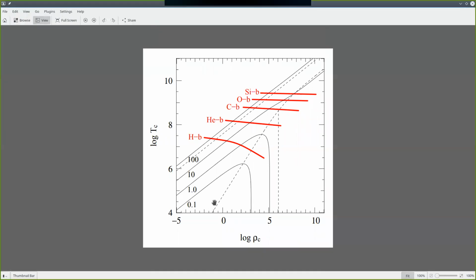So, an example of this evolutionary track, considering curves that start with 0.1, 1, 10, 100 solar masses. Here it is a little more correct, considering that the core evolves more on its own mass than on the total mass.